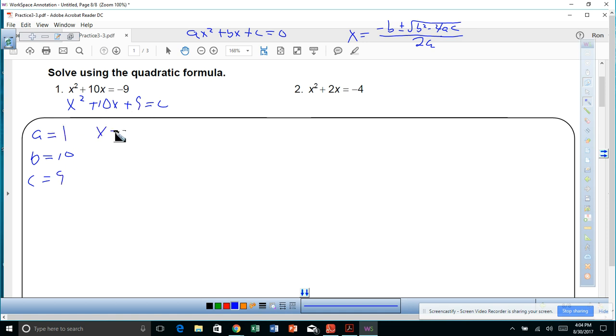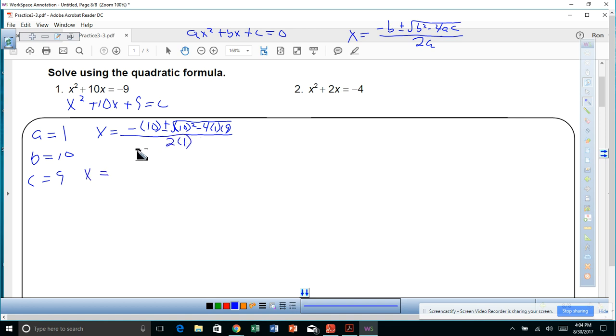So x equals negative 10 plus or minus the square root of 10 squared minus 4 times 1 times 9, all over 2 times 1.